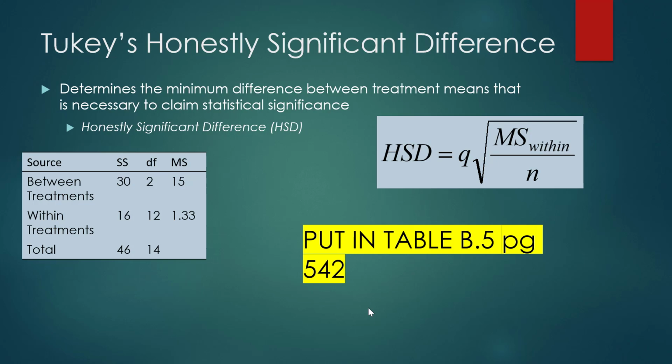we go and look in the table. If you wanted to look in table B5, page 542, you go to K, the number of treatments, which was 3. You go to our degrees of freedom for the error term, which was 12. That gives us a value for Q of 3.77.